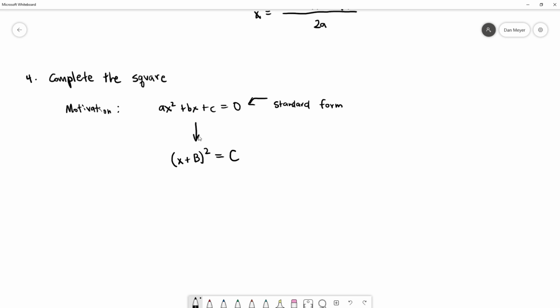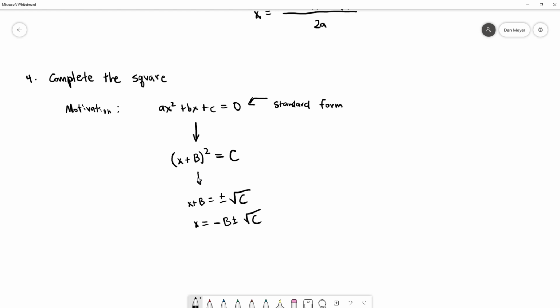If you're able to understand how to transform the standard form into something that looks like this, then we can use the square root method to say that x plus b is plus or minus the square root of c, and then subtract b from both sides to get x is negative b plus or minus the square root of c.